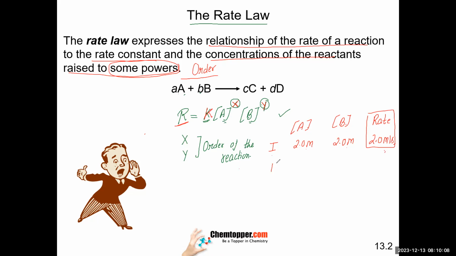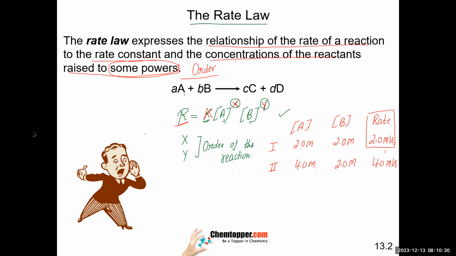I did the second experiment. In the second experiment, I changed the concentration of A to 4 molar. But I didn't change the concentration of B. I kept it as 2.0 molar. And I found the rate has increased to 4.